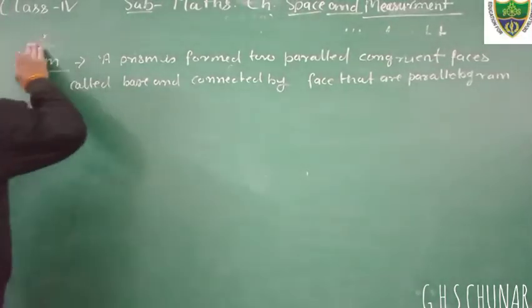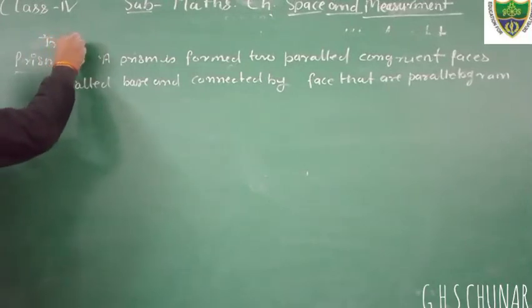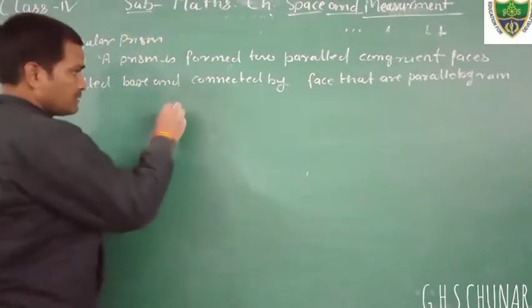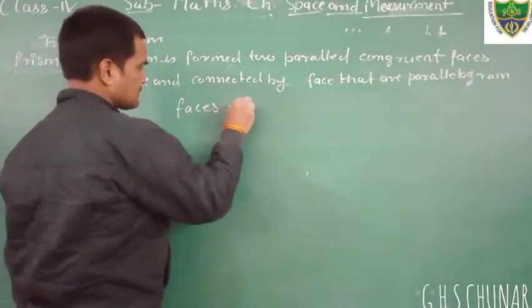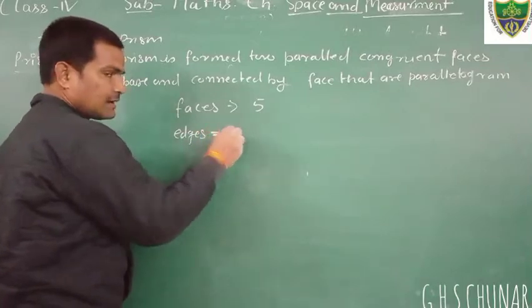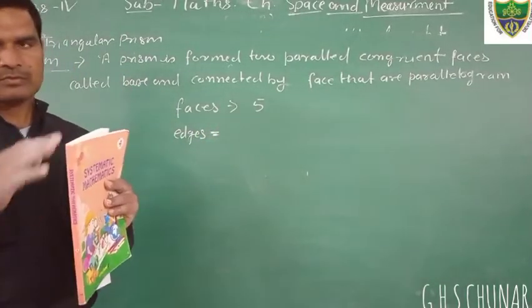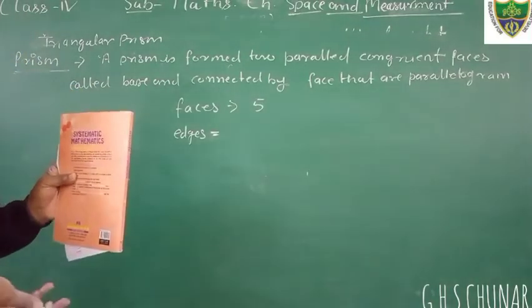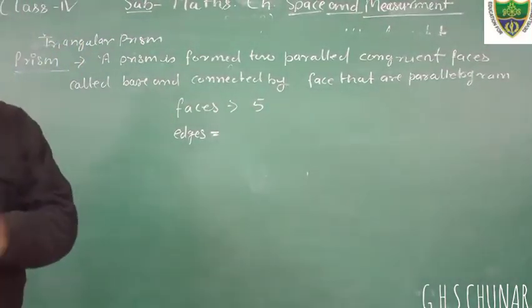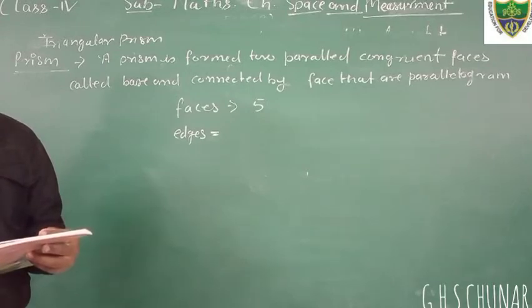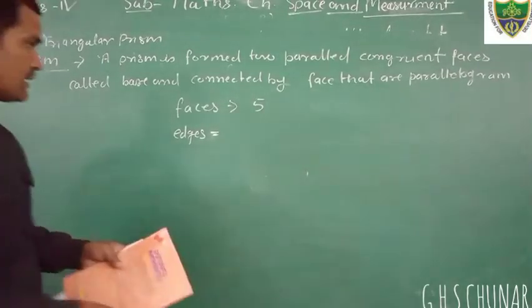In the triangular prism, faces, that is 5, and edges, how many edges? 3, 3, 6, and in the 3 side faces, that is 9 edges.